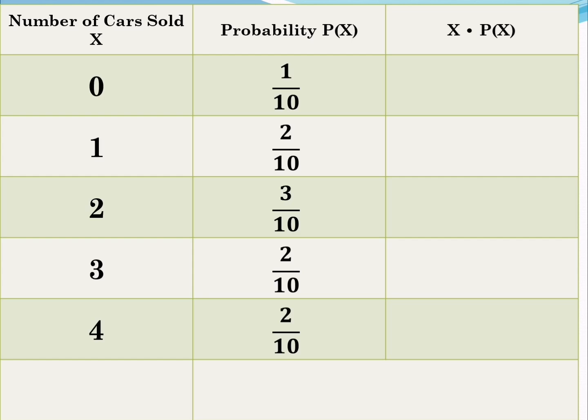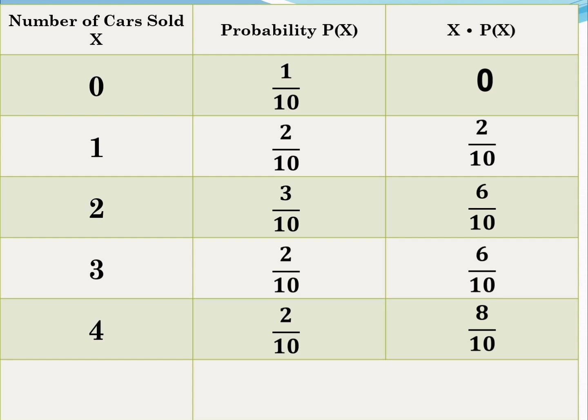So from the given, eto na siya. The first step is to find the mean. So mean, x multiplied by P of x. So 0 times 1 over 10, that is 0. 1 times 2 over 10, that is 2 over 10. 2 times 3 over 10, that is 6 over 10. 3 times 2 over 10, we have 6 over 10, and 4 times 2 over 10, it will give 8 over 10.